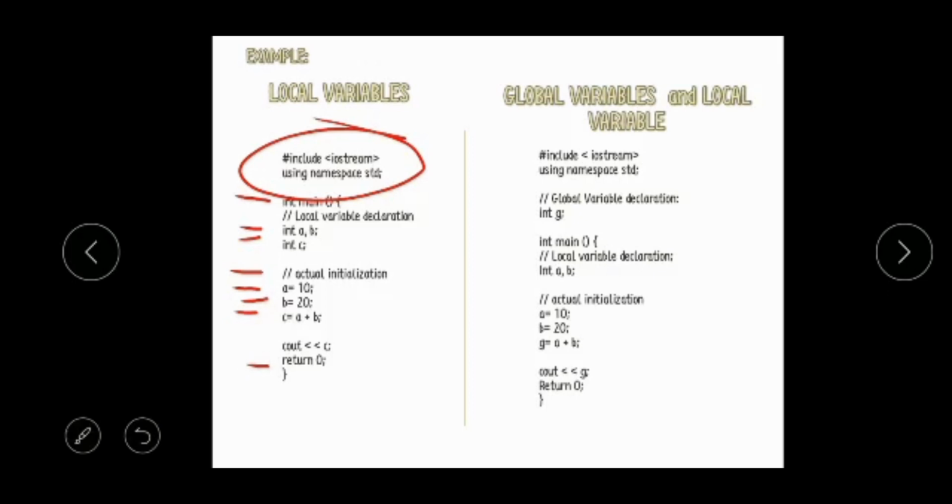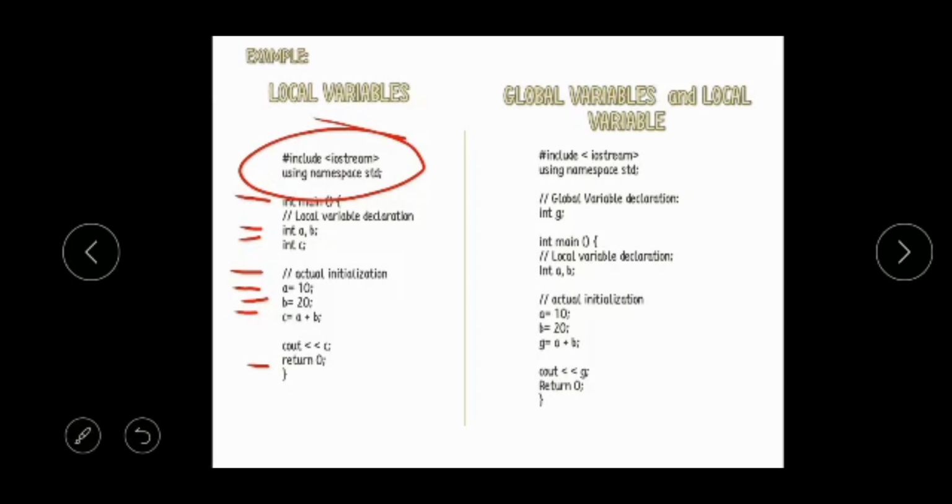This line indicates that the program has executed successfully and returns a status code of 0 to the operating system. So overall, this program calculates the sum of two numbers, 10 and 20, and displays the result on the console. So that is the local variables.